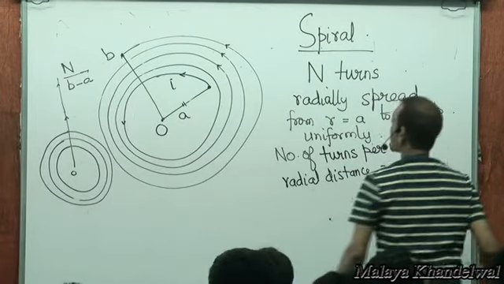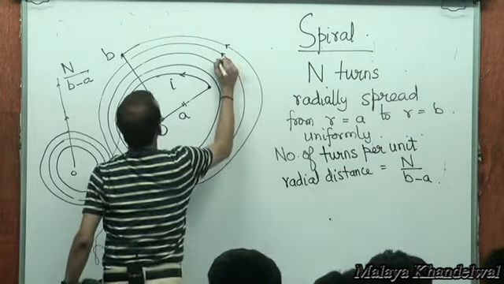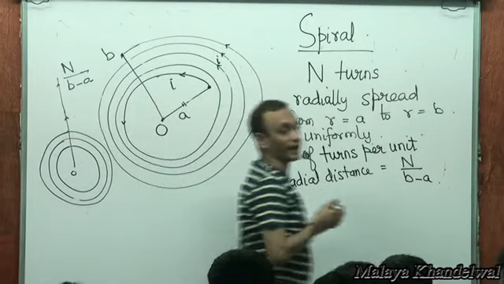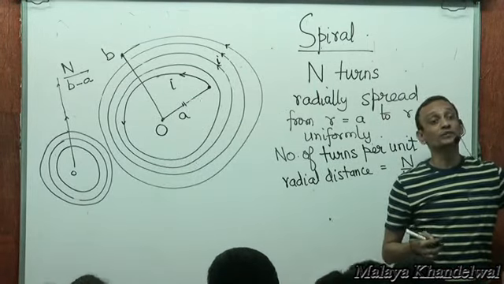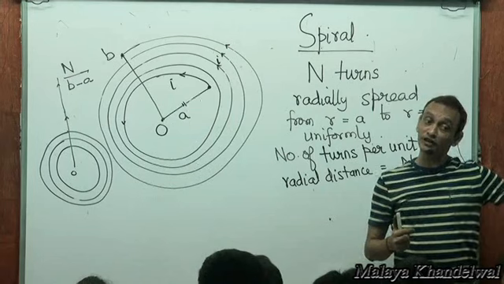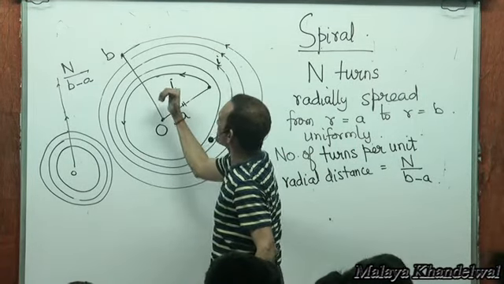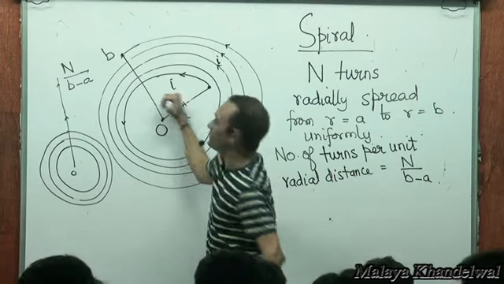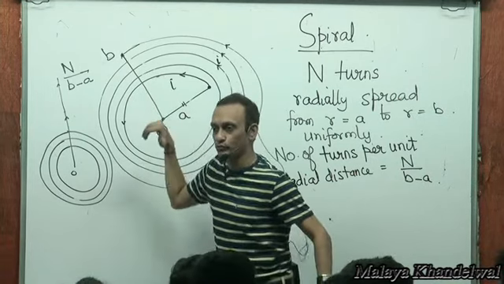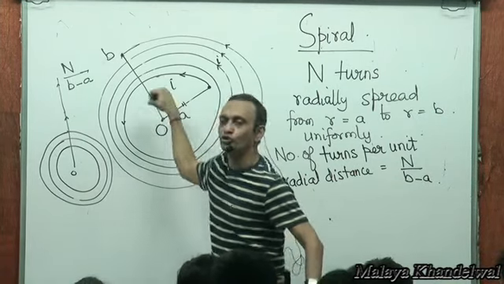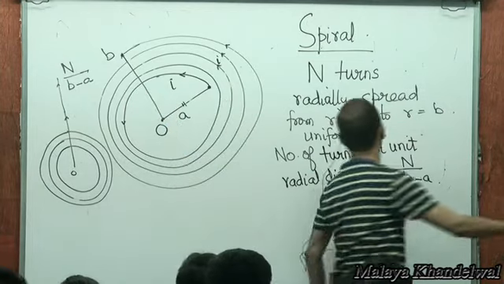Now, for this spiral carrying a current I, I want to be able to compute the magnetic field at O. One thing, for each of these loops, realize that this is the sense of the current, the magnetic field will be out of the plane of the board, right? So the net field at O is going to be out of the plane of the board.